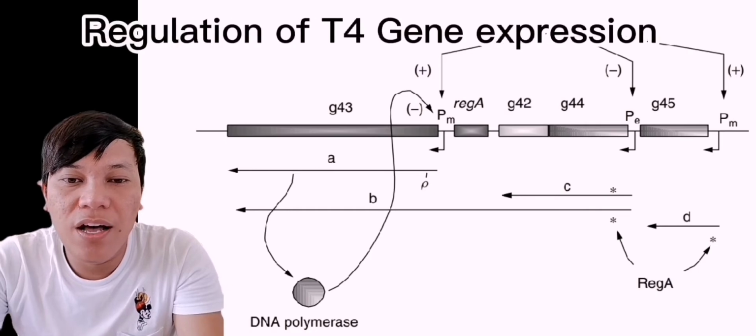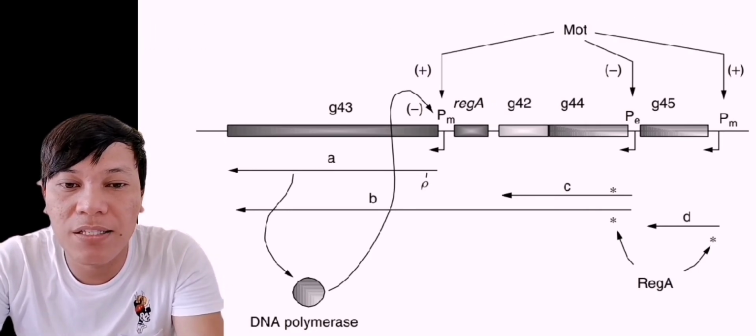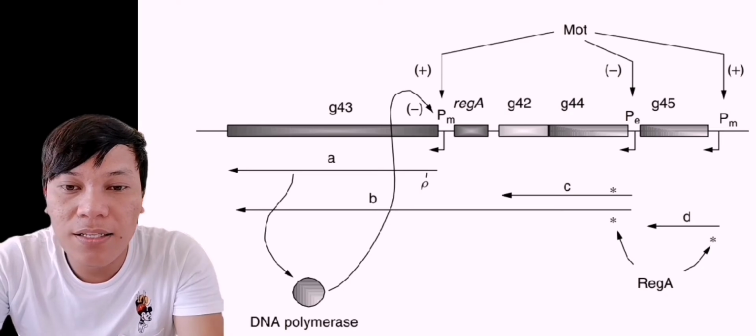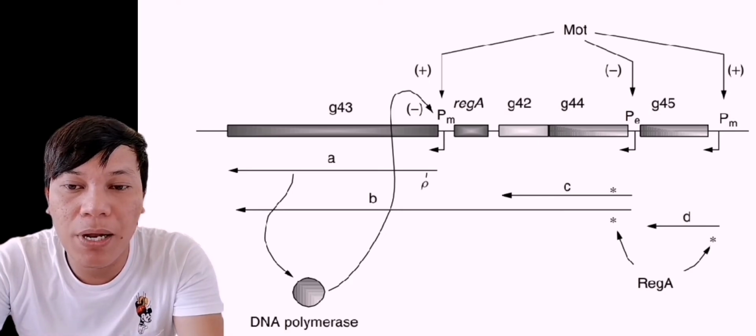Regulation of T4 gene expression has been shown to occur at both the transcriptional and translational levels. At the translational level, two systems are recognized: autogenous translational repression by the gene 32 product, the helix-destabilizing protein, and the translational repression of many T4-induced early mRNAs by the phage RegA product.